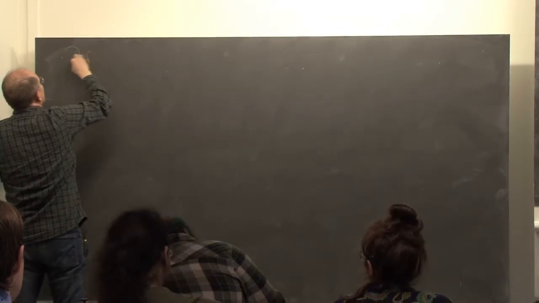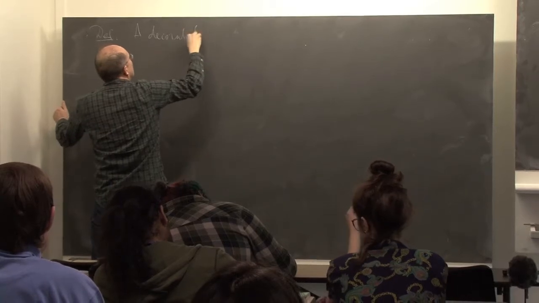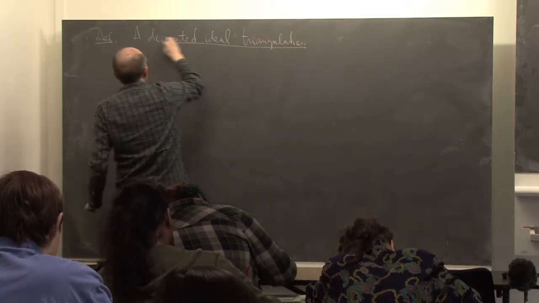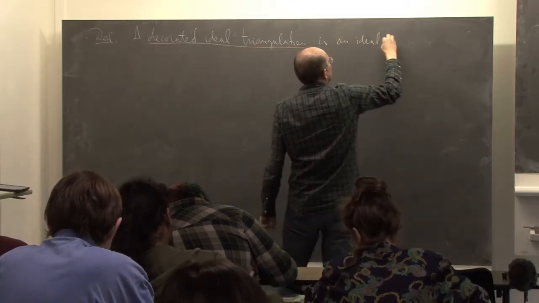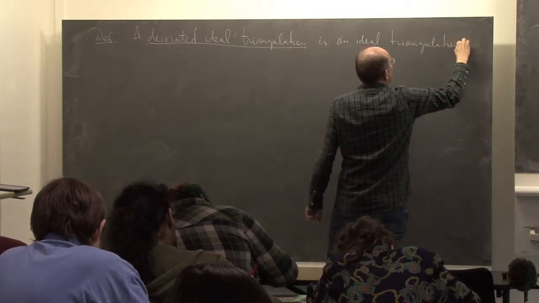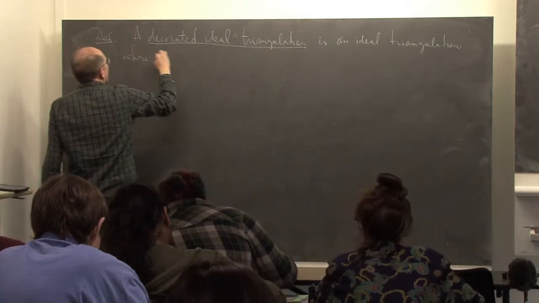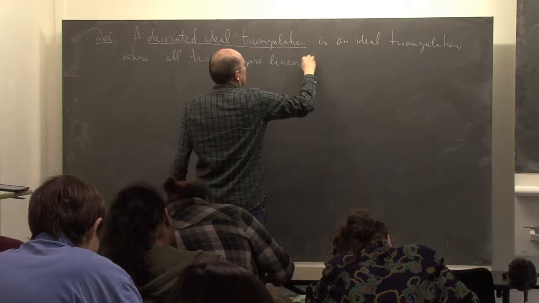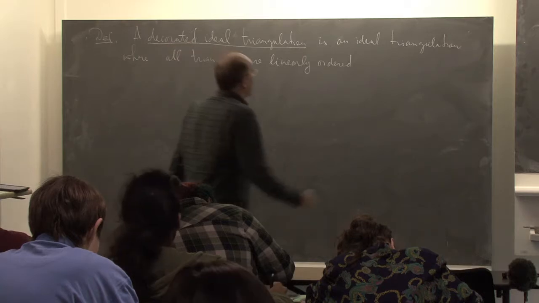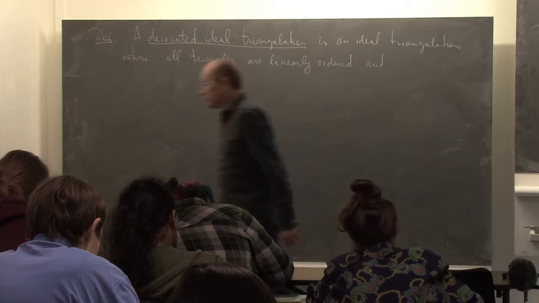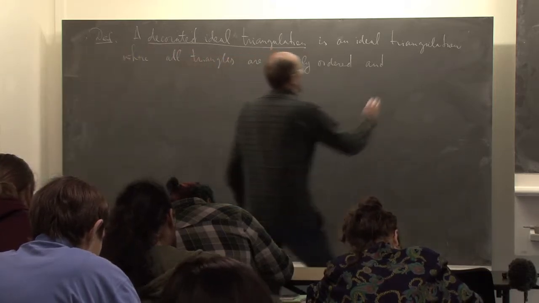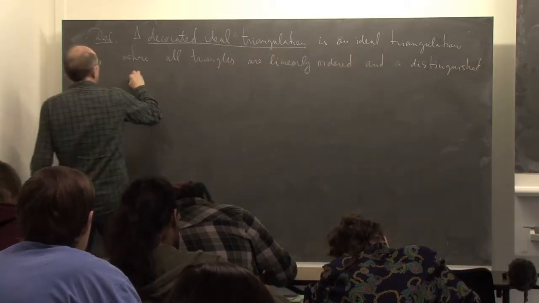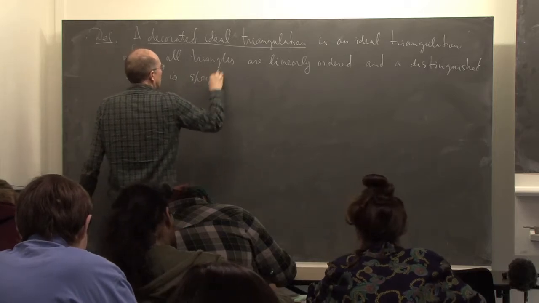So the definition: a decorated ideal triangulation is an ideal triangulation where all triangles are linearly ordered, and a distinguished corner is specified in each triangle.